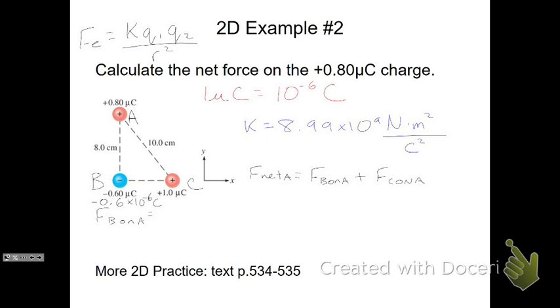Yep, you sure could do that. Here we have 1 times 10 to the negative 6. Up here we have 0.8 times 10 to the negative 6 coulombs. And you could change that to 10 to the negative 7 for sure. And then 8 centimeters, this is 0.08 meters. 0.1 meter.